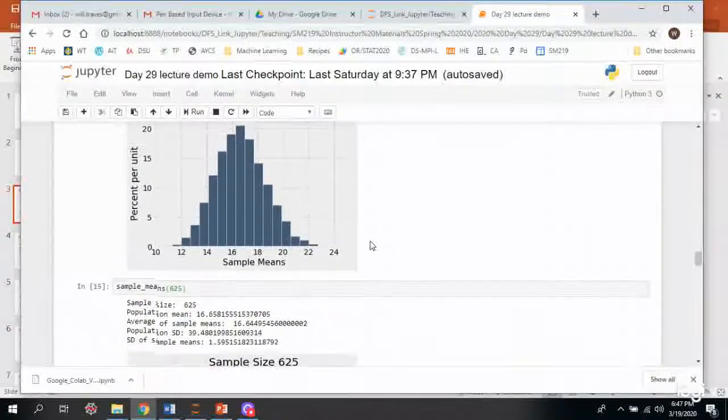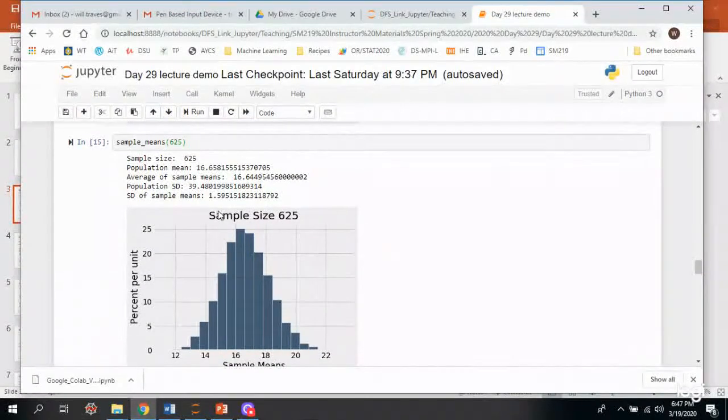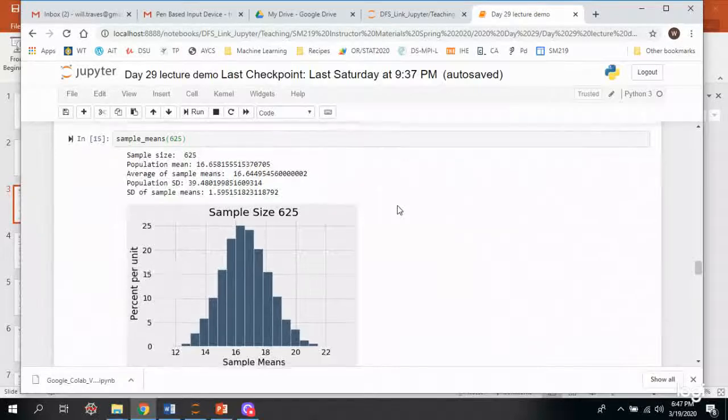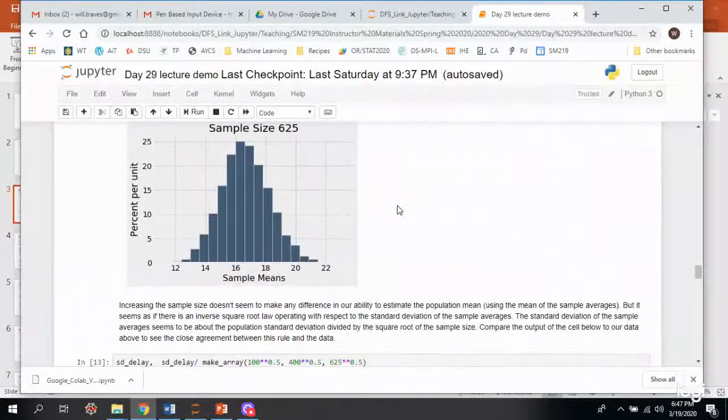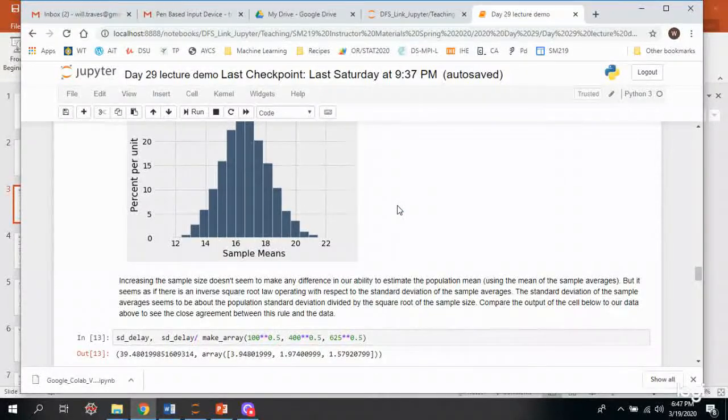Could even do this one more time with sample size 625, and again, what I want you to observe is that the standard deviation of the sample means now is about 1/25th of the population standard deviation. Increasing the sample size doesn't seem to make any difference in our ability to estimate the population mean using the mean of sample averages.